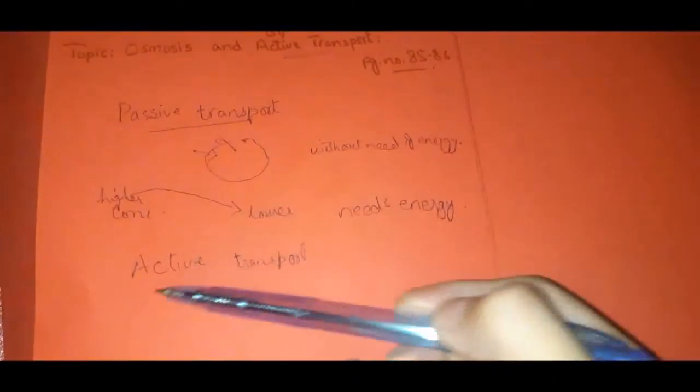Let me revise or recall what we said. We said that passive transport is the movement of molecules across a cell membrane without the expenditure of energy. This is always from a higher concentration to a lower concentration, right? Whereas active transport is the movement of molecules across a semi-permeable membrane with the expenditure of energy.